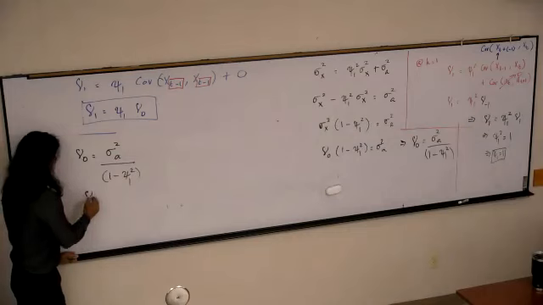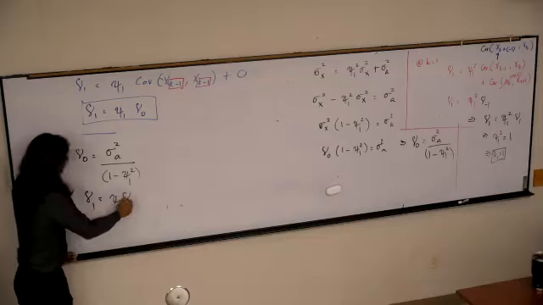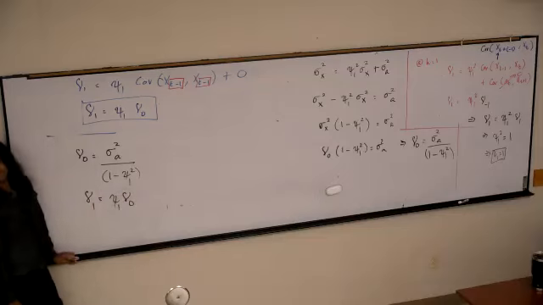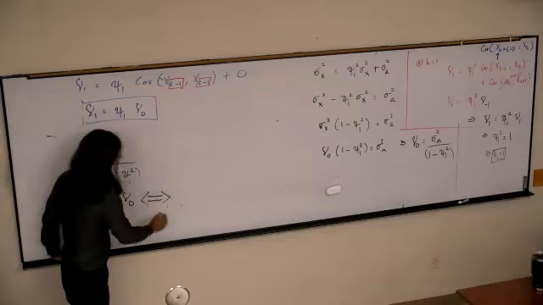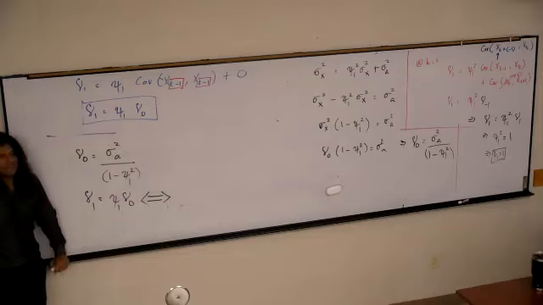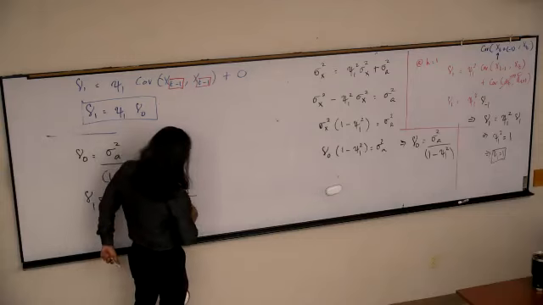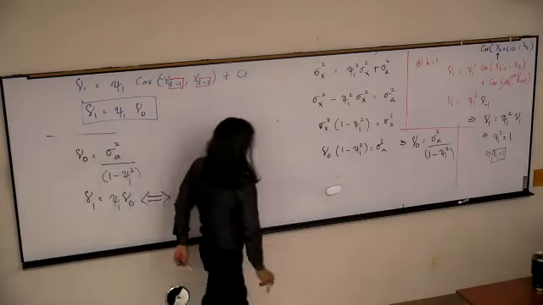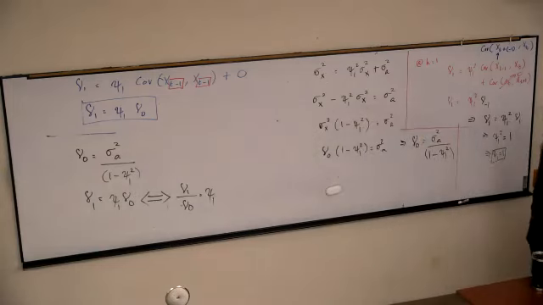Another expression, gamma sub 1 equals psi 1 gamma sub 0. Agreed. If I divide by gamma sub 0 on both sides, I will get psi 1. Good. Who can tell me what the left-hand side is?